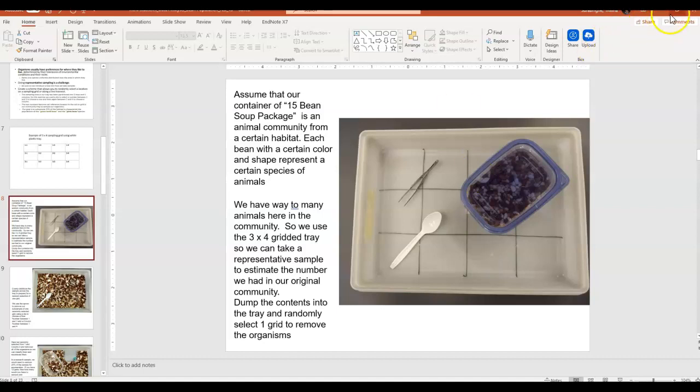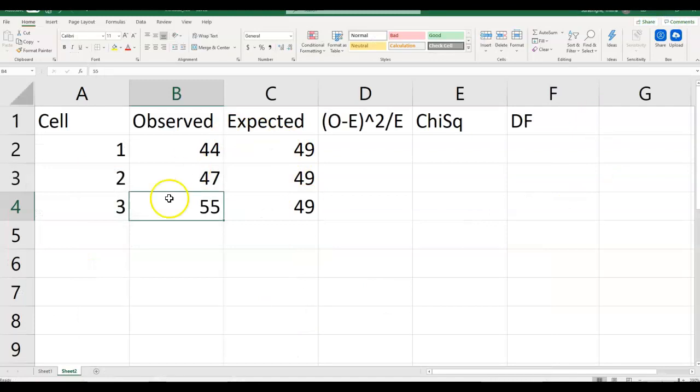So that could also lead to uneven numbers of each particular species. So there are many sources of errors: experimental, observational, and design errors, that would have occurred.